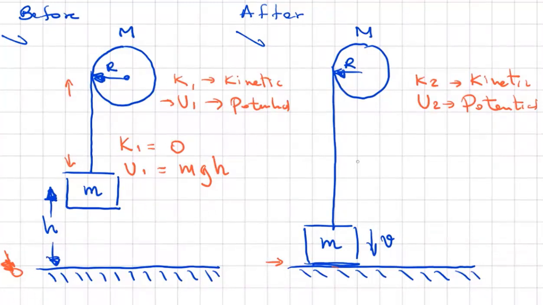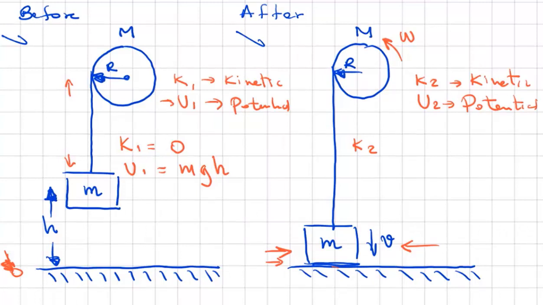Now, if we go back to the situation after the block falls, we have the energies of the system as well. So the kinetic energy is going to be the total kinetic energy, because at this point of the problem, the disk is rotating with angular velocity w, and the mass has linear velocity v. So we have two bodies moving.